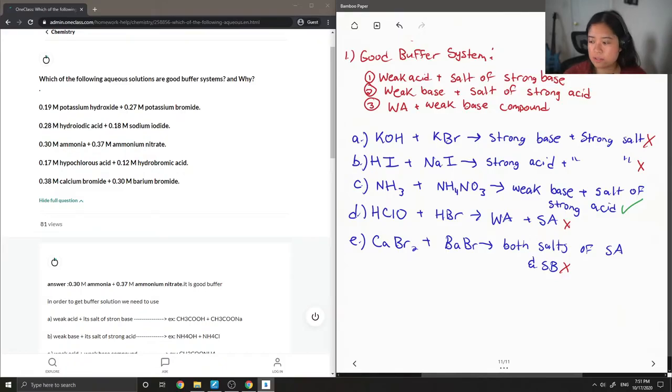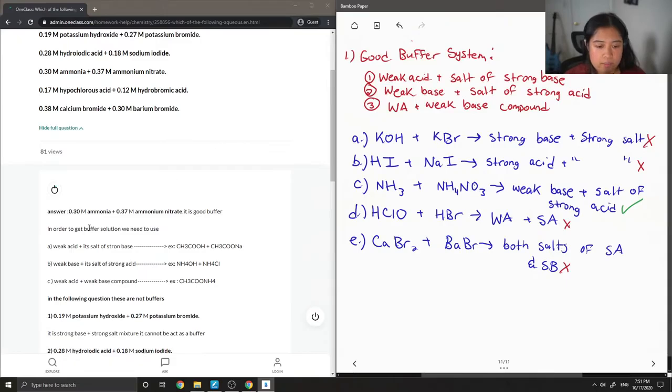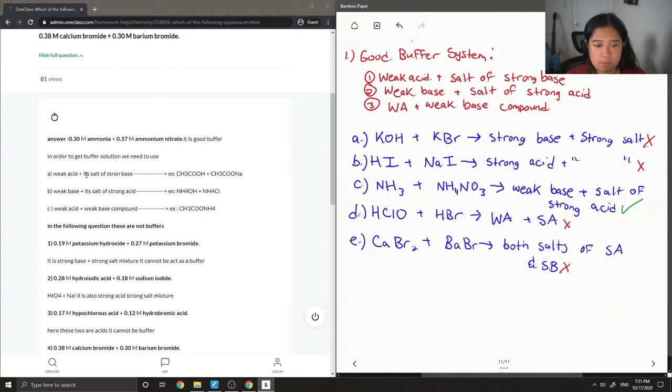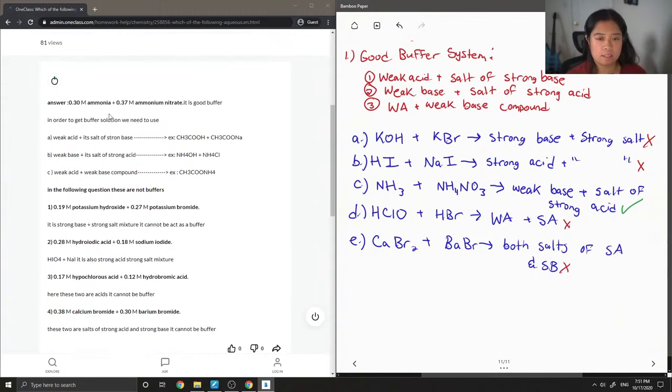Let's look at the answer from our junior tutor. In order to get a buffer solution, we need to use a weak acid plus its salt of a strong base, a weak base and its salt of a strong acid, or a weak acid plus a weak base compound. That's what I said as well. They also selected ammonia and ammonium nitrate as the good buffer.